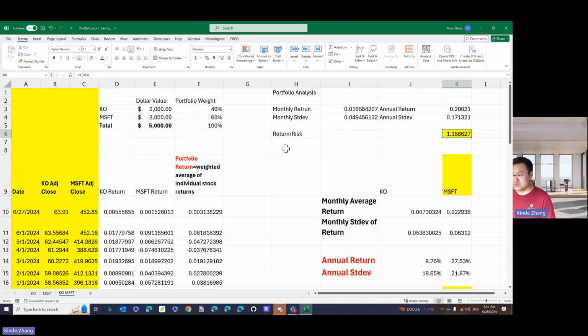Okay, and then we conclude that we can do almost the same thing here for the portfolio, just as we have done for the stocks. However, the only trick here is we do have the portfolio weights, which are the percentage of the money that we invested in each of the stocks.